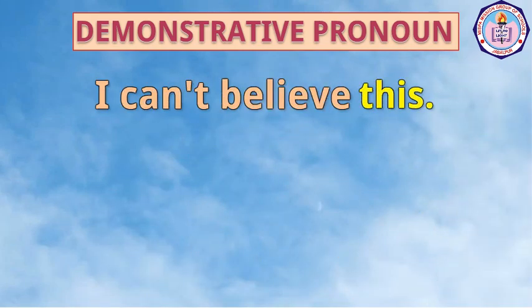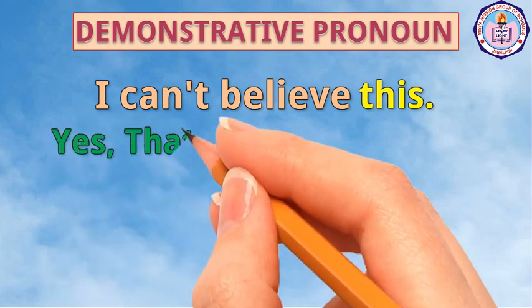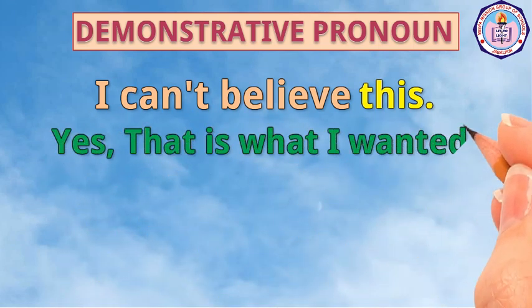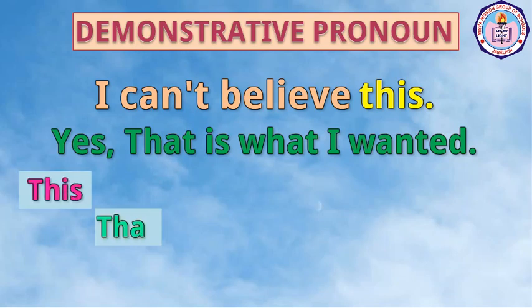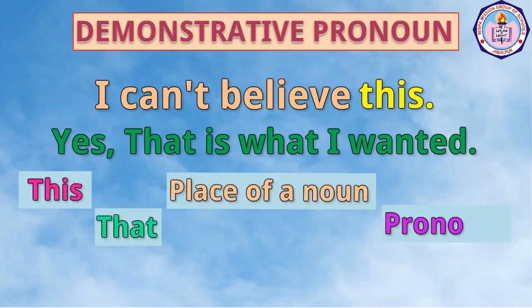We have no idea what this is, but it is definitely something the writer cannot believe. But it exists, even though we do not know what it is. Another example, yes, that is what I wanted. In both cases, this and that take the place of a noun to make it a pronoun.